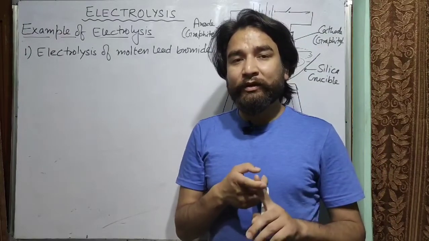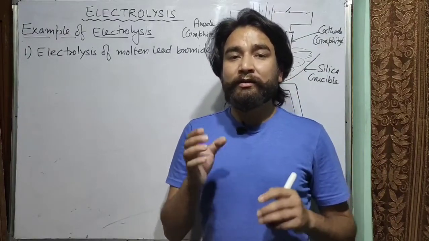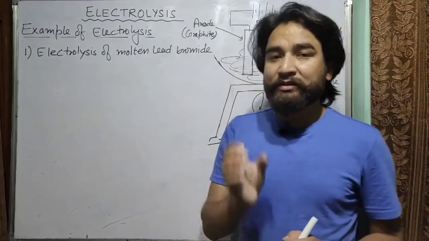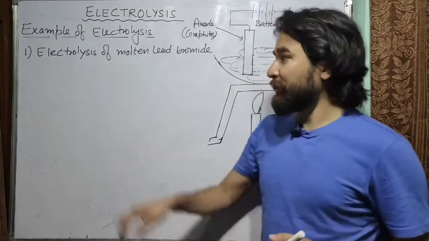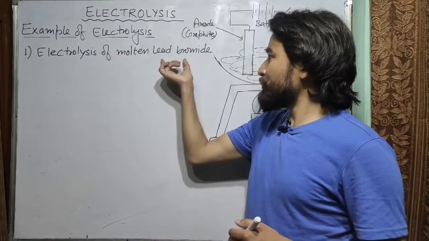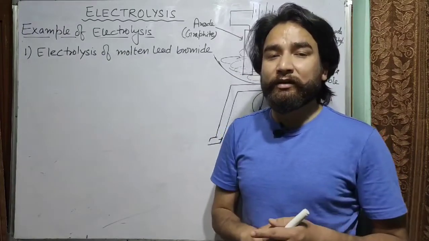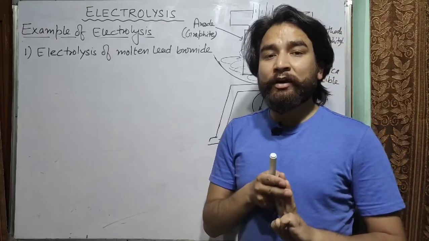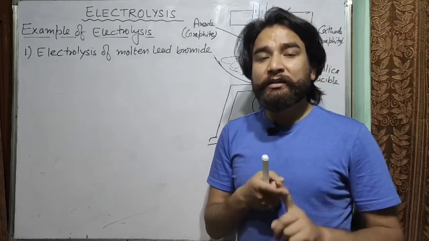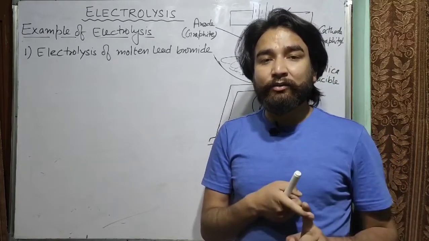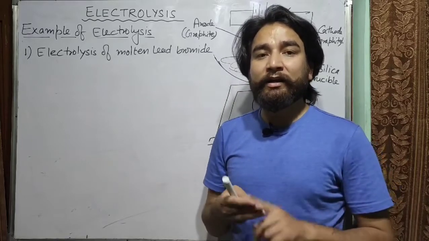The second point that you have to remember is the electrolyte, which substance is going to be used as an electrolyte. So the substance whose electrolysis is taking place, that substance will be used as an electrolyte. The third thing that you have to remember is the reactions, reaction at cathode and reaction at anode.